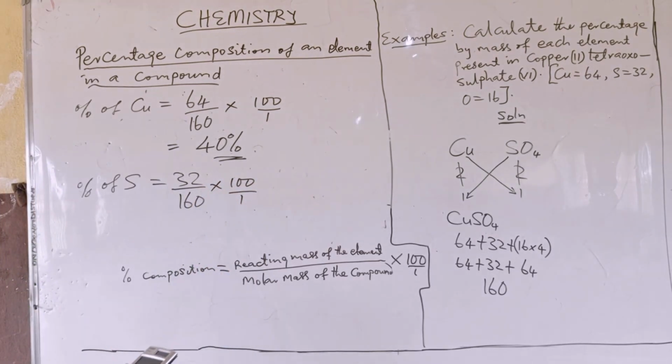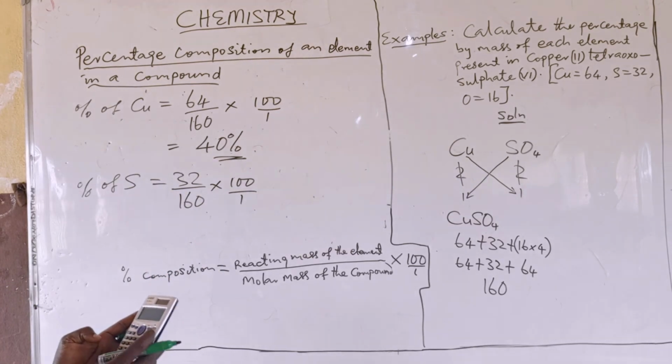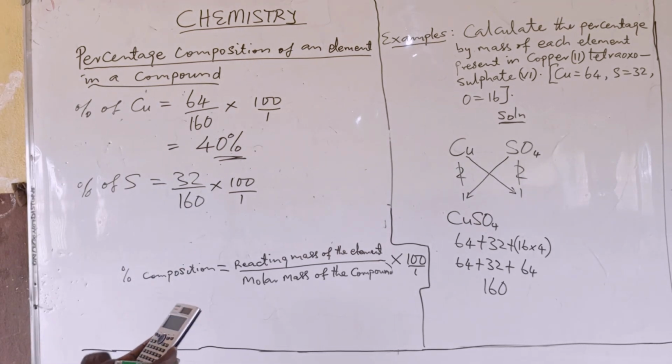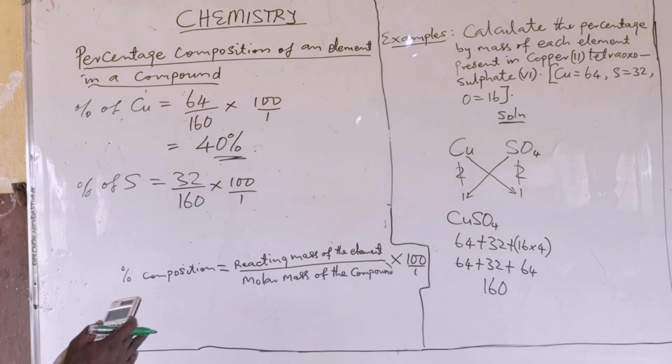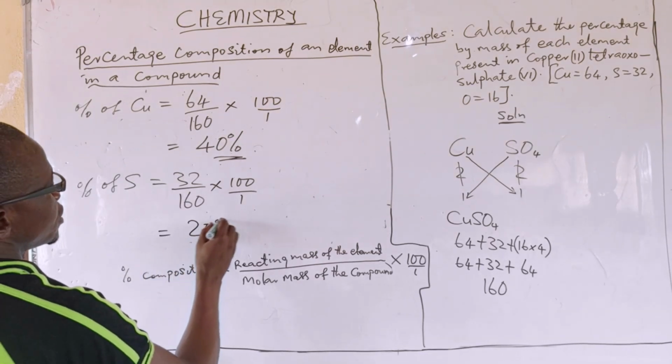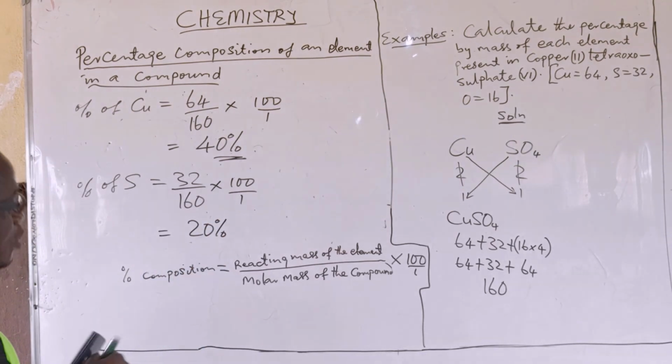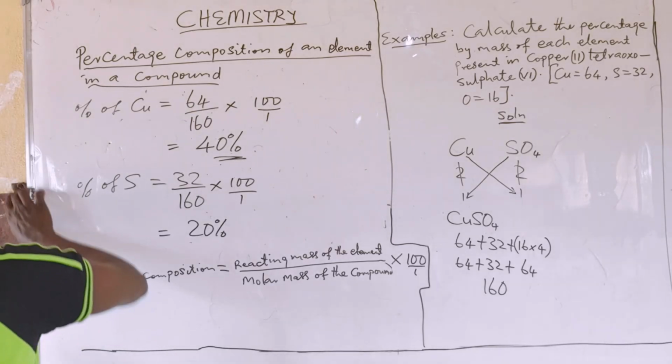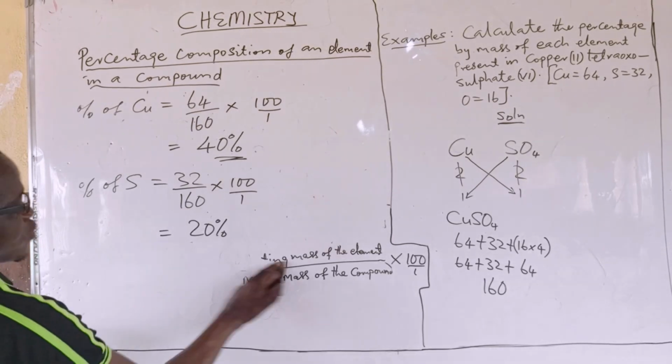So if I multiply this, I will have 3200 divided by 160. That gives me 20%. Okay, we have gotten the one of sulfur.